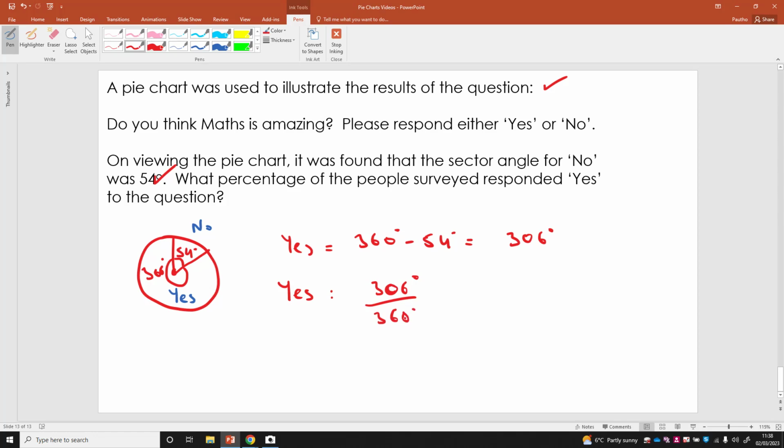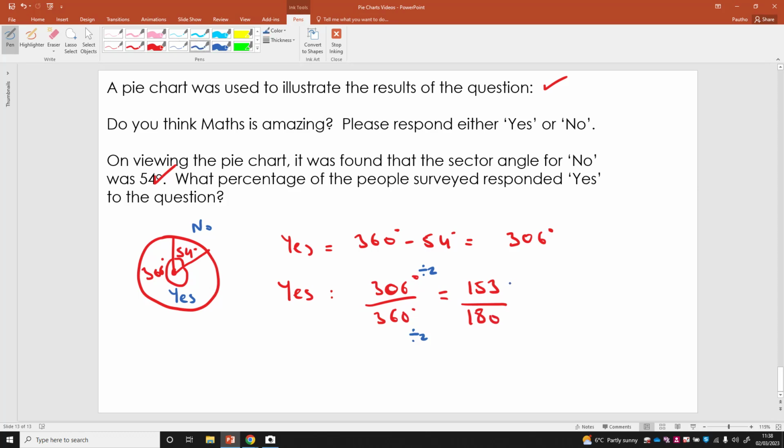And I'm hoping now I can cancel this fraction down a bit and make it into a percentage. You may be able to spot straight away that these are both in the 6 times table. But if you couldn't spot that, they're definitely both even, aren't they? So you could divide both by 2, and that will be 153 over 180.